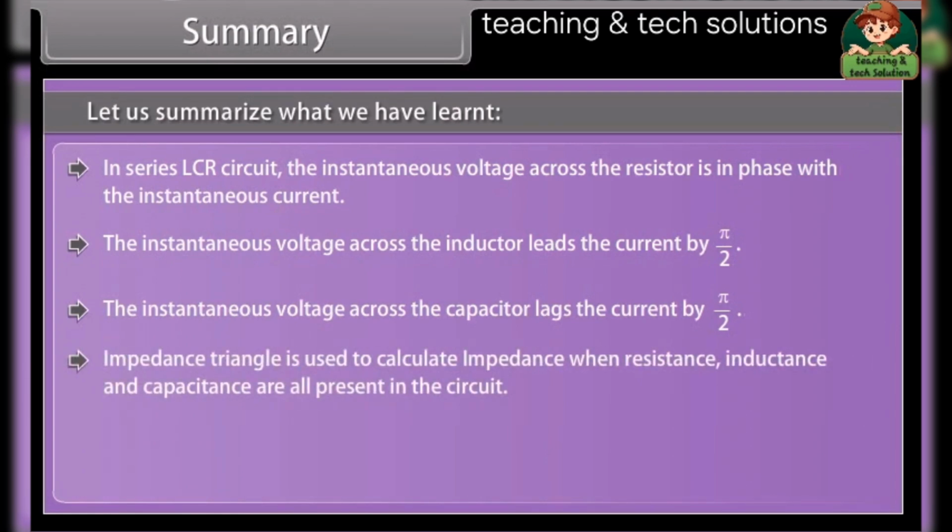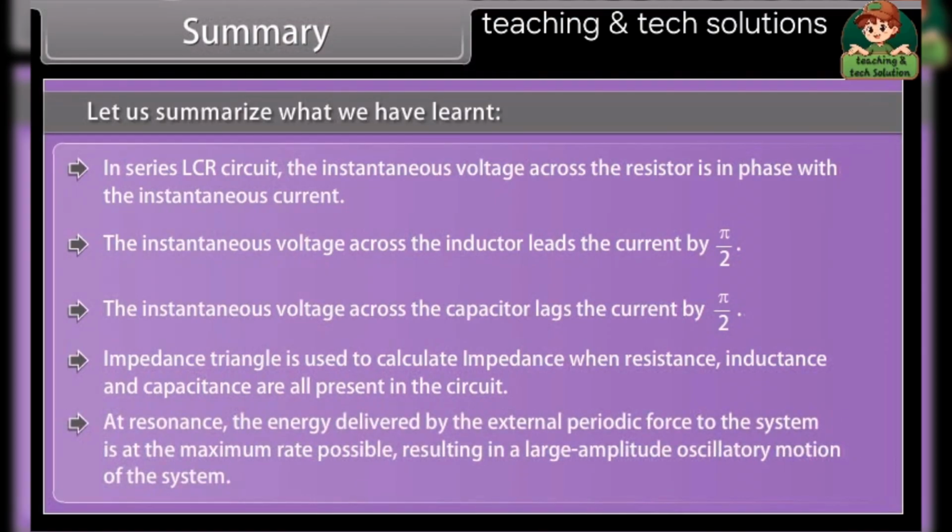Impedance triangle is used to calculate impedance when resistance, inductance, and capacitance all are present in the circuit. At resonance, the energy delivered by the external periodic force to the system is at the maximum rate possible, resulting in a large amplitude oscillatory motion of the system.